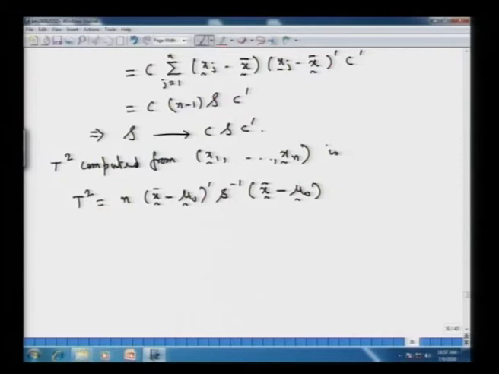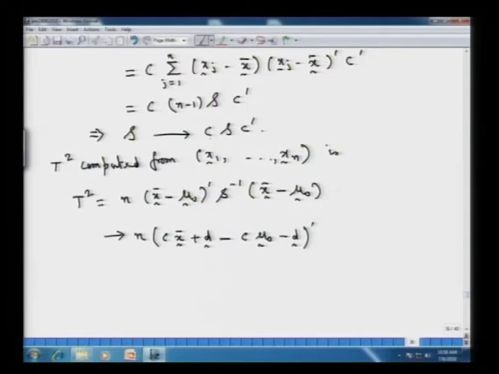Now, where does this go under the non-singular transformation that we are discussing? x bar becomes C x bar plus d. Mu naught becomes C times mu naught plus d, so we have the difference transposed.